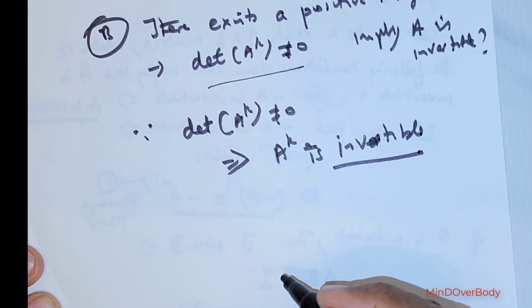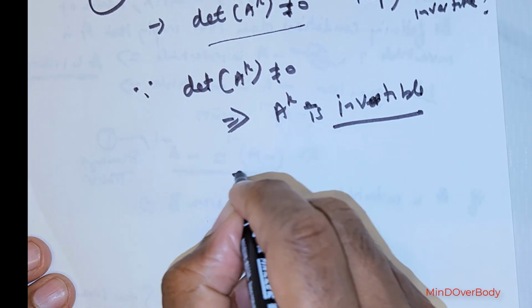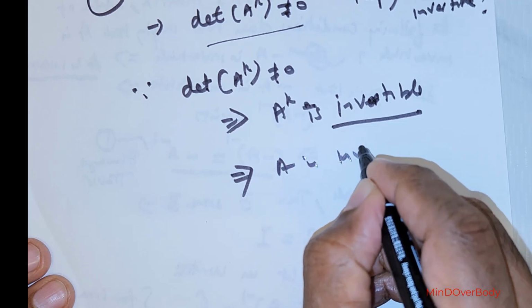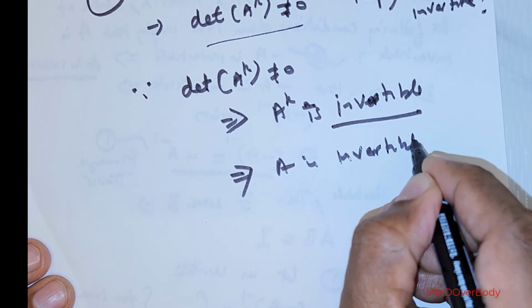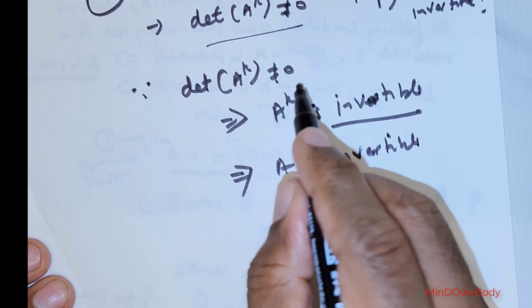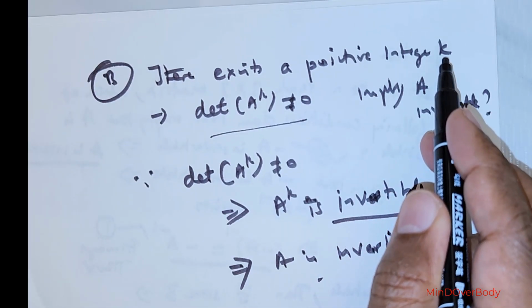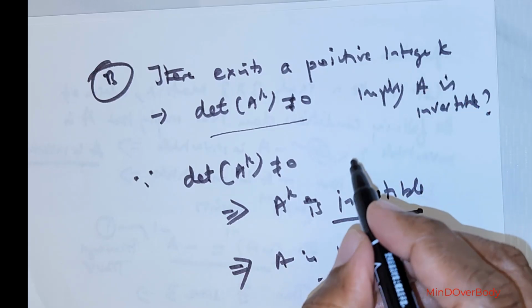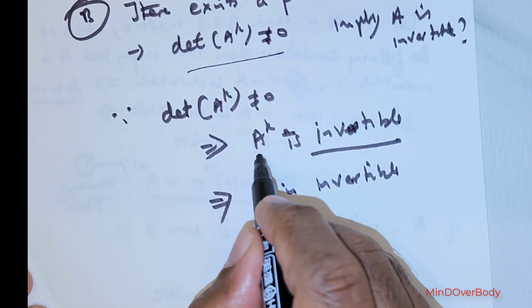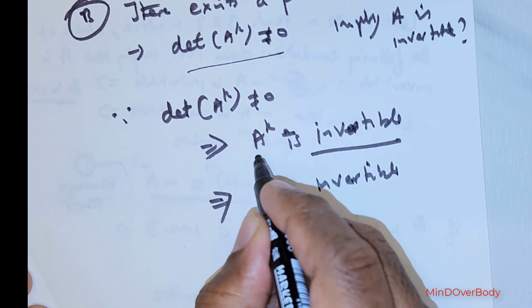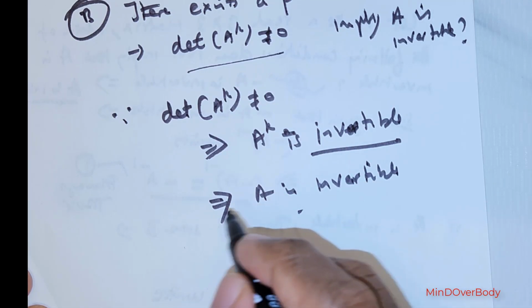Now this directly means A is invertible. Now why do I say that? k is actually some positive integer. This has got no impact on deciding if A is going to be invertible or not, right?